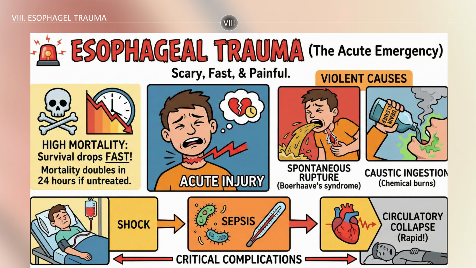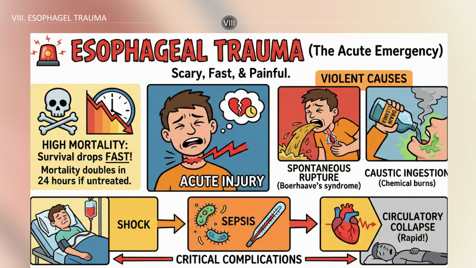Violent causes: trauma can be caused by spontaneous rupture from vomiting, by Boerhaave's syndrome, or by ingesting caustic substances like drain cleaner, which cause severe chemical burns and dissolving of tissue.